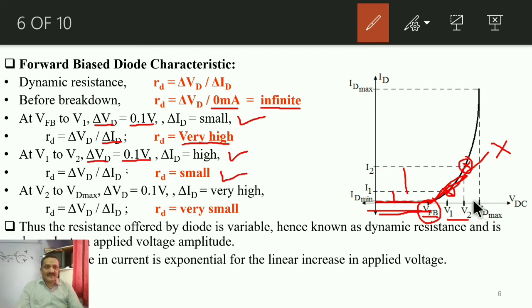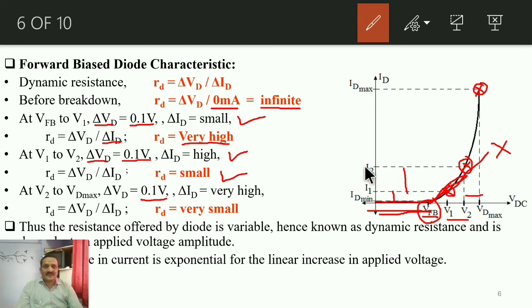Now take another pair, that is V2 to VD max. Again the step size is 0.1 volt. V2 to VD max. Now you can observe the change in current between V2 and VD max.